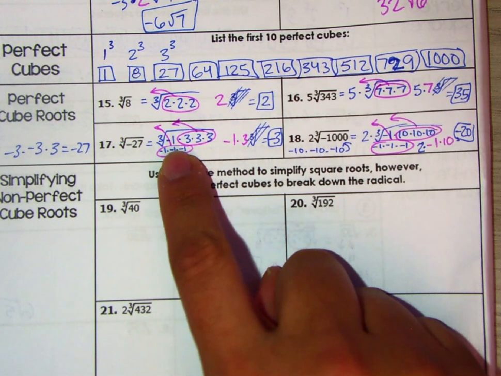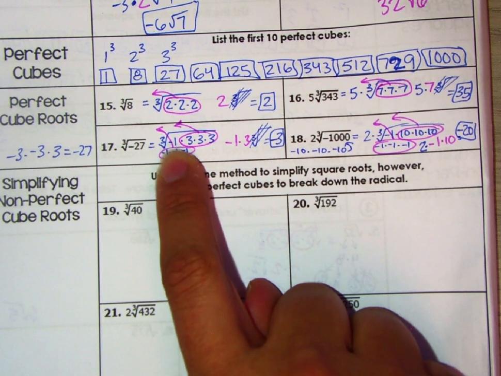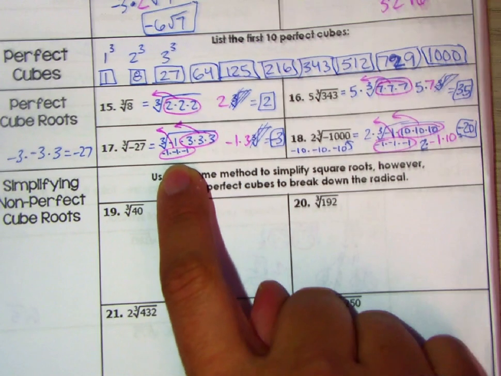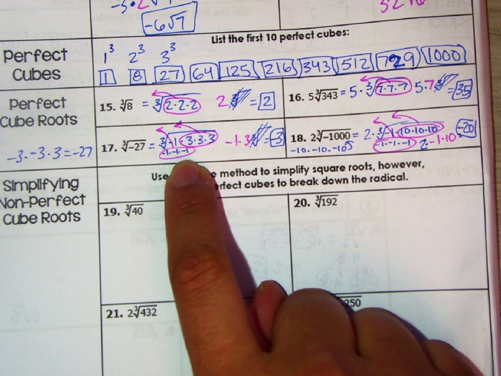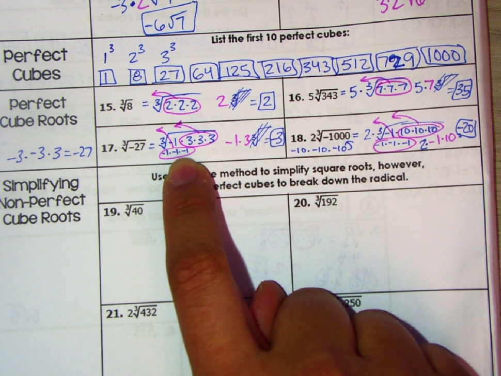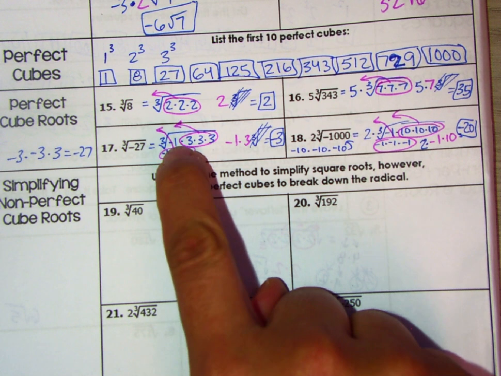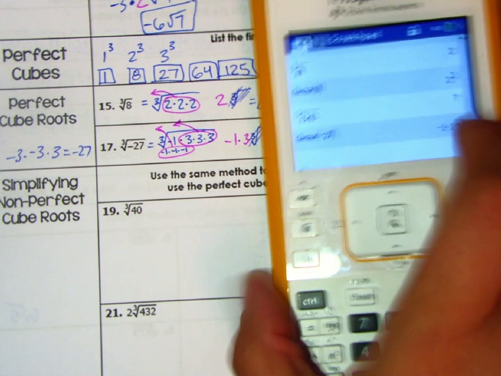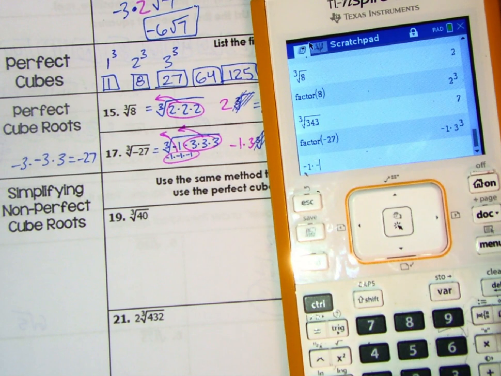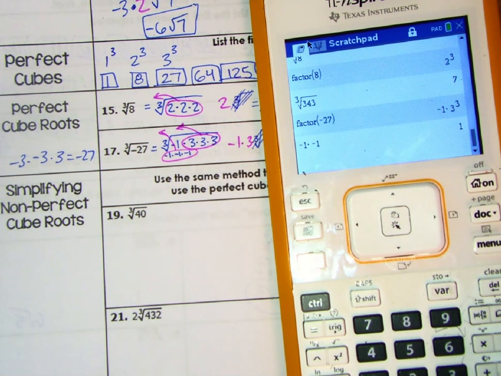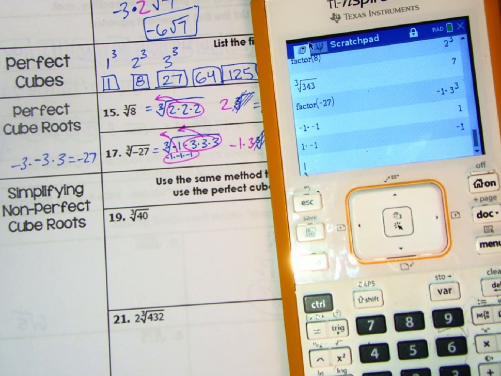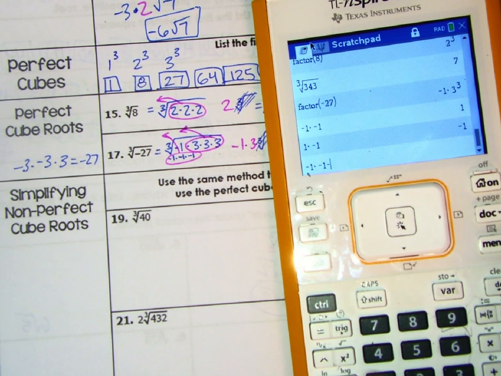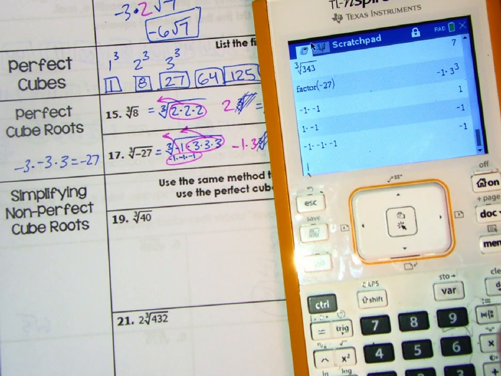I wrote it there, but I also want you to understand that because you're doing cube roots, negative 1 times negative 1 times negative 1 is the cube root that you will use whenever you have a negative 1 as a factor. So negative 1 times negative 1 is positive 1. But if you multiply times another negative 1, that is negative 1. So negative 1 times negative 1 times negative 1 is equal to negative 1.